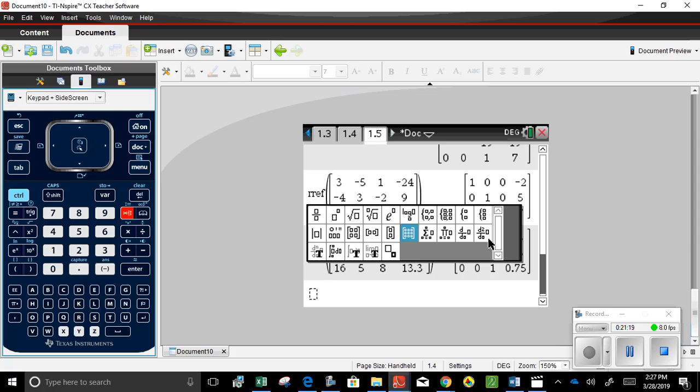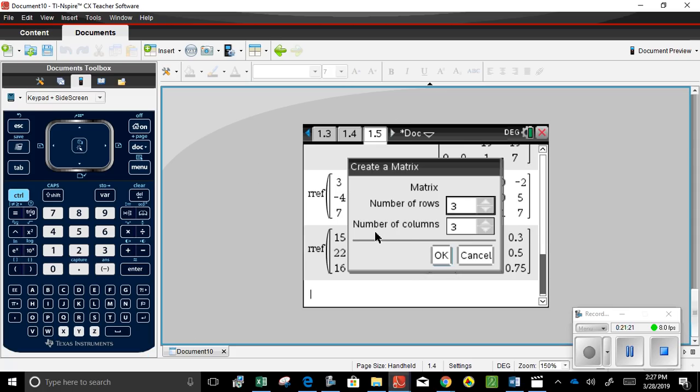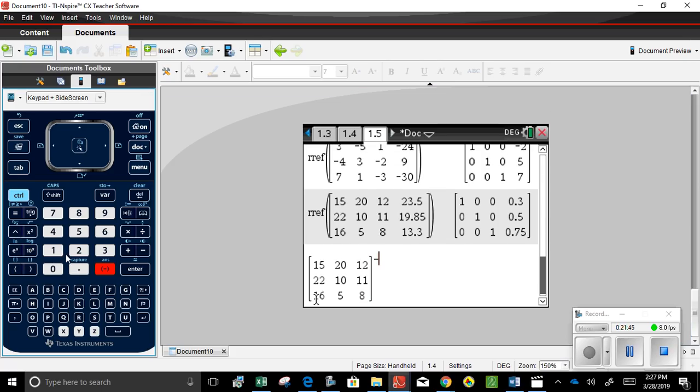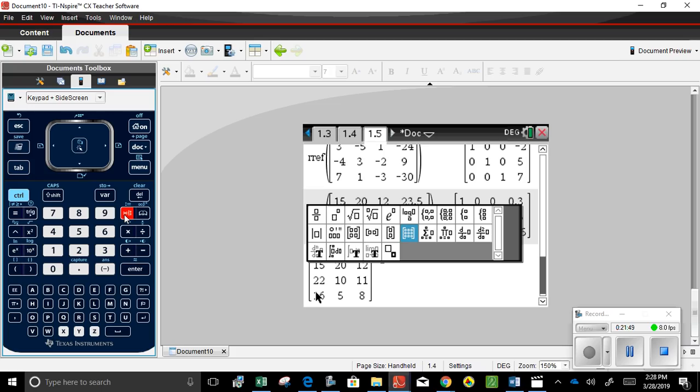Let me show you that real quick. Where you go 15, 20, 12, and 22, 10, 11, 16, 5, and 8 to the power of the negative 1. And I press tab. Then I press this matrix thingy.